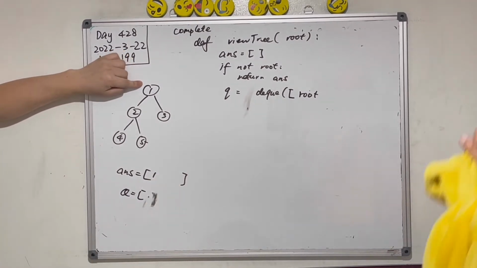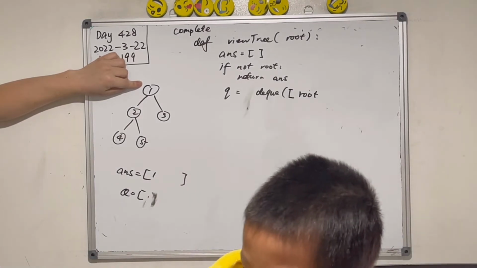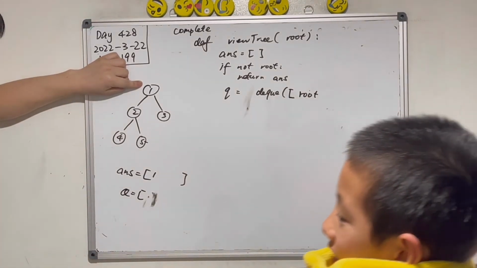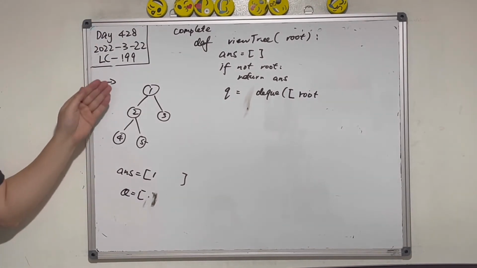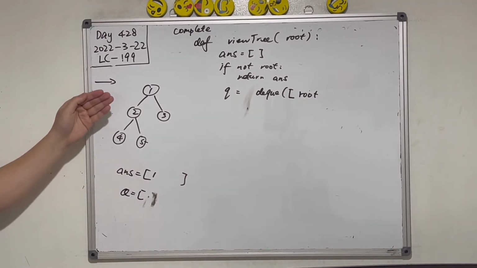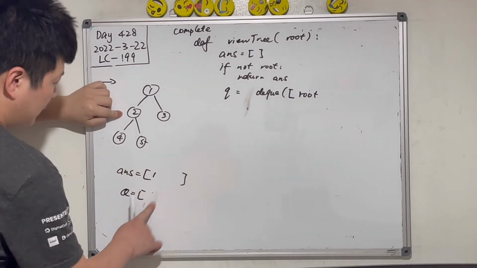1 has the kids 2 and 3. So should I put the 2 or 3, depending on which side I'm standing at? It's from the left and right. Let's say I first want to get the left side view, so I need to put the 2 in.